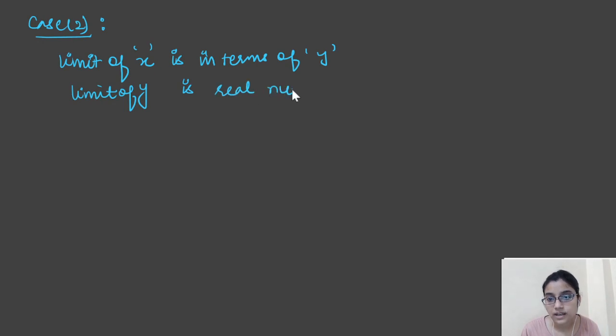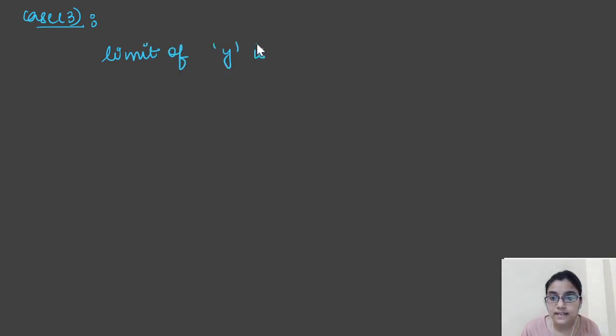Obviously it has to be. This is one of the cases. And what is going to be our case 3? Case 3 is that the limit of y is in terms of x, and then the limit of x is obviously real numbers.